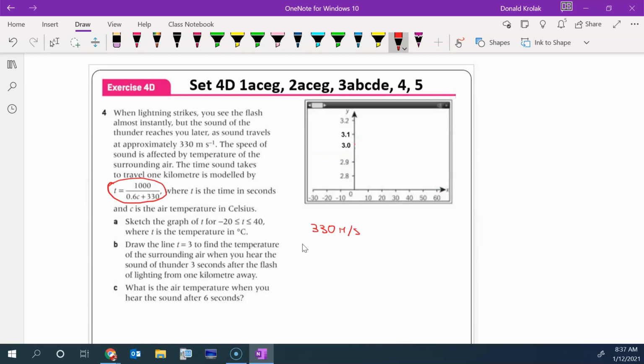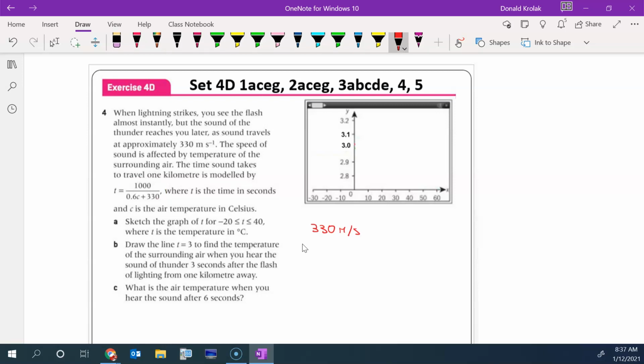The time it takes to travel 1 kilometer changes depending on whether it's hotter or colder. Is sound going to travel faster when it's warm or when it's cold? Warm? Okay. So when we graph this, we'll be able to see.